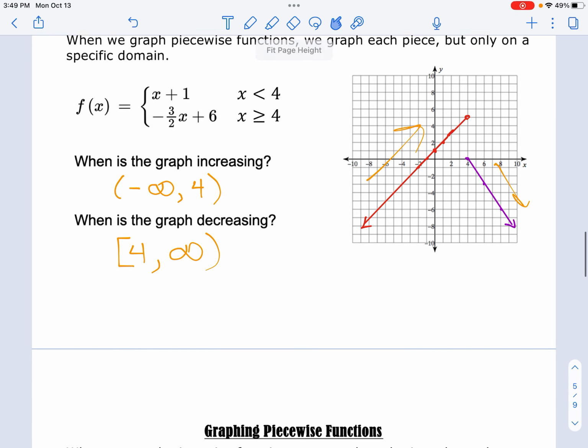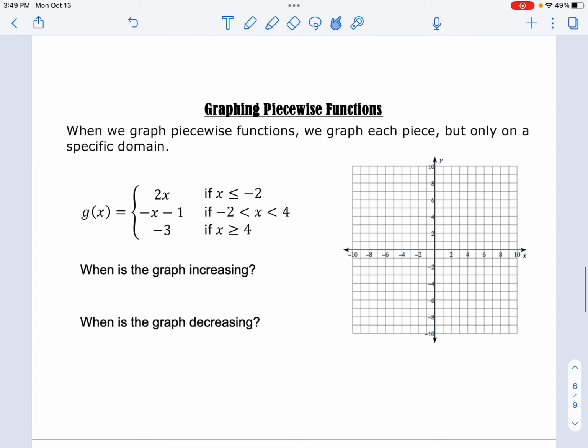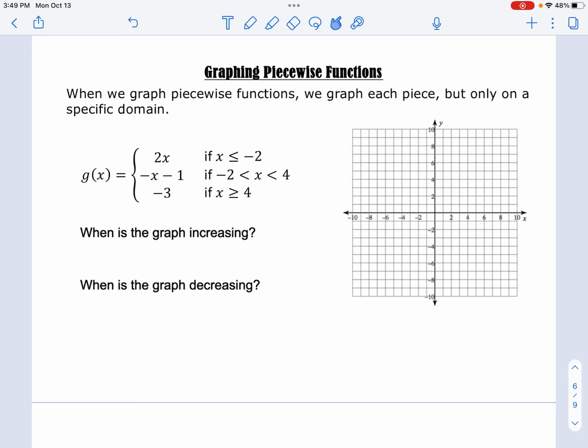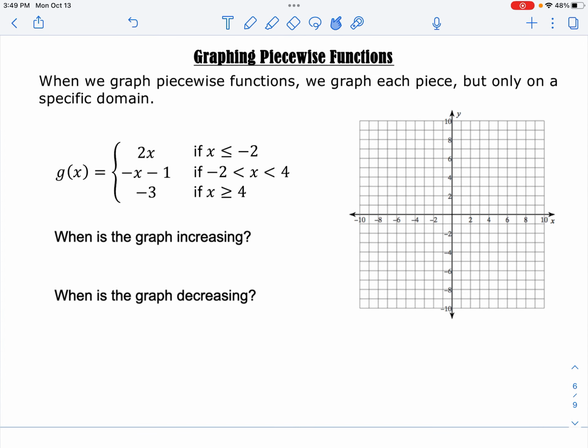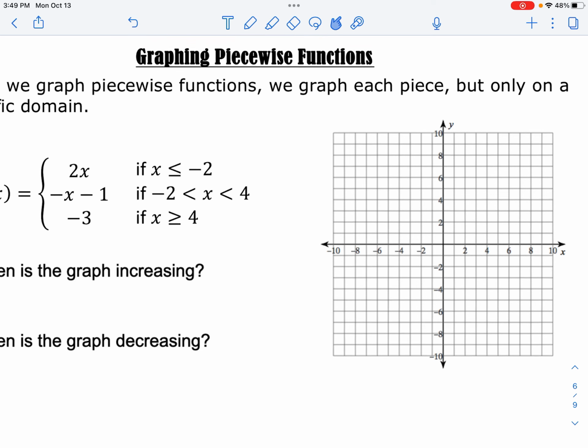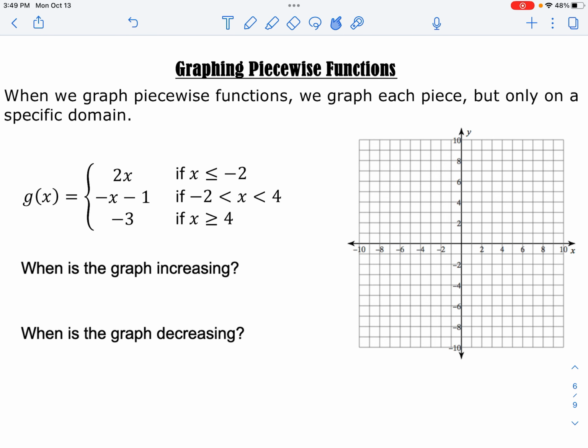Okay, let's try this another time. This one has 3 pieces, and then we'll try to see if we can write a piecewise function of our own. Okay. All right, 3 pieces. I've got 2x, negative x minus 1, and then negative 3. Okay, so 2x. This is the same as 2x plus 0.